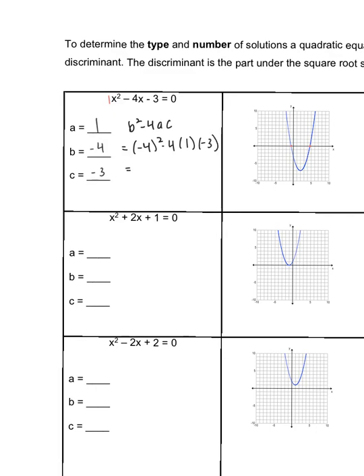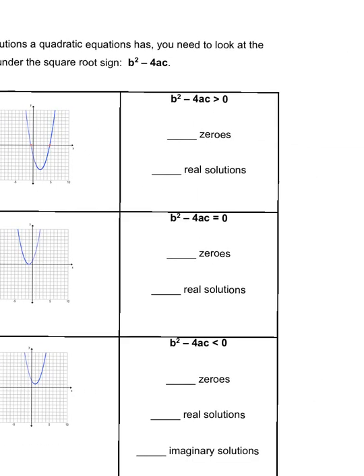So we get a positive 16 plus 12. That number is going to give us a positive number overall, 28. So my discriminant is bigger than 0.